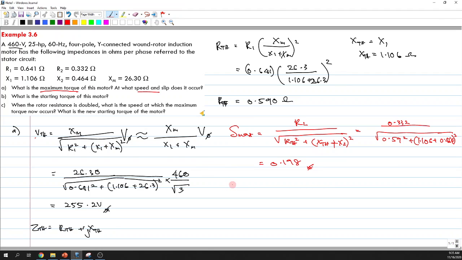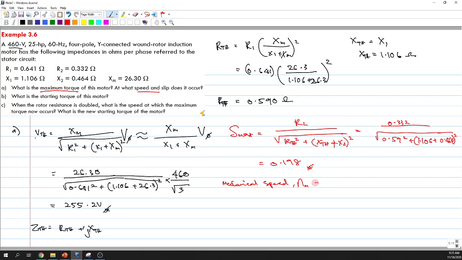We can go find the torque, but it's okay, we go to find the speed first, the mechanical speed, Nm.